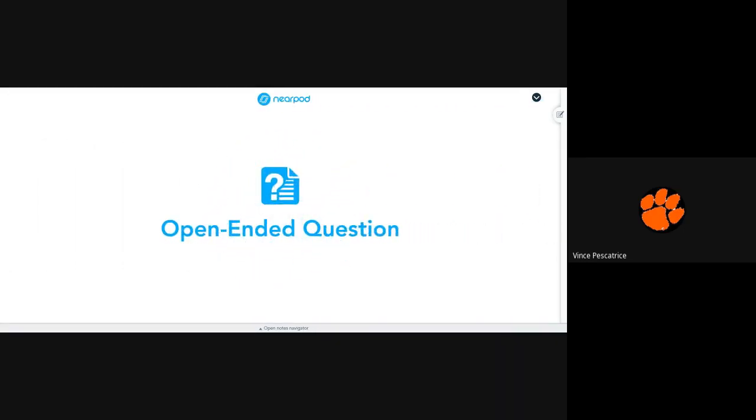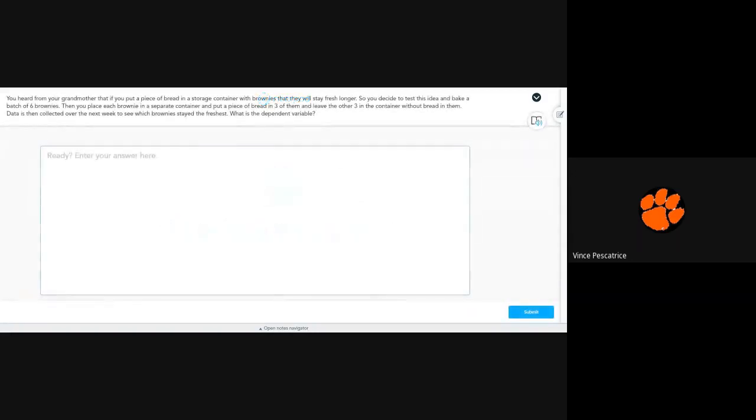So now the dependent variable. What is the dependent variable? What do we think is changing because we added the bread? This is what changes because of the independent variable. What is changing because of the, I can't spell today.